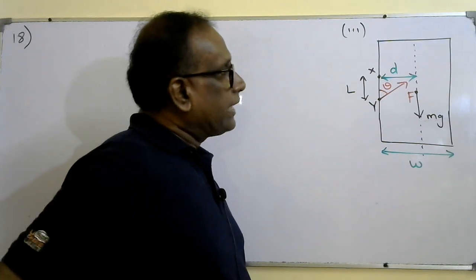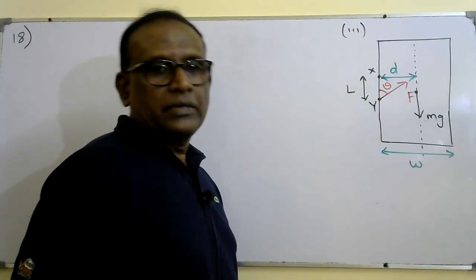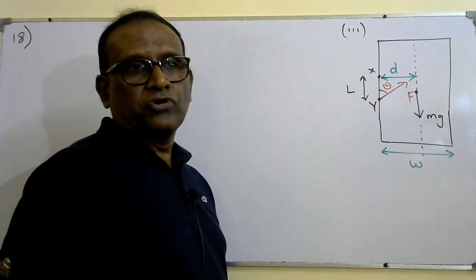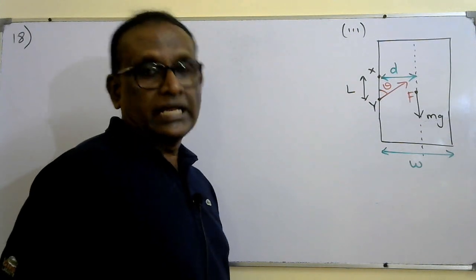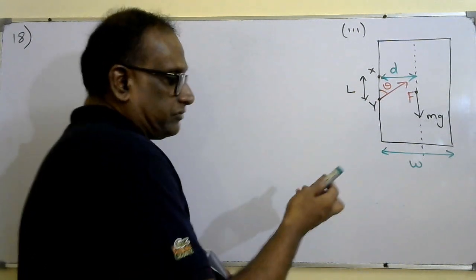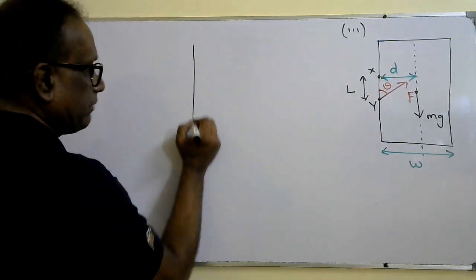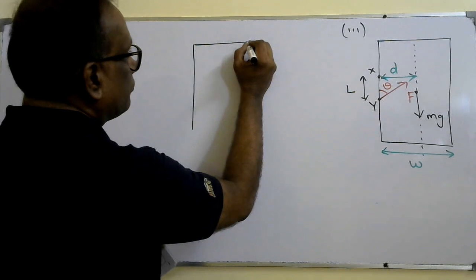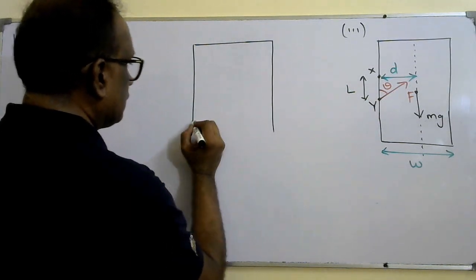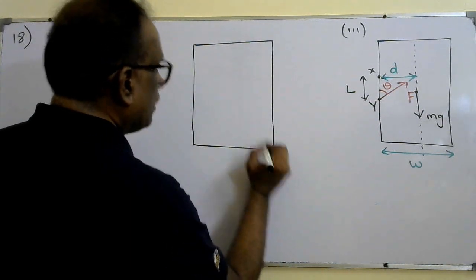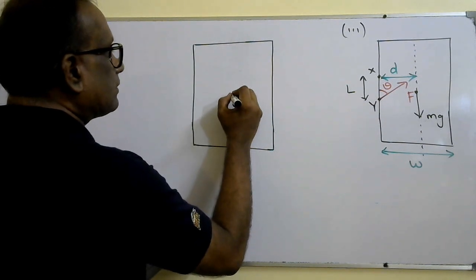Okay, we can think like this. We normally consider moment means force into perpendicular distance to the line of action of force. Imagine if the hinges are further apart. The same diagram I draw it like this. Try to draw the same length of door. The weight is acting at the center.